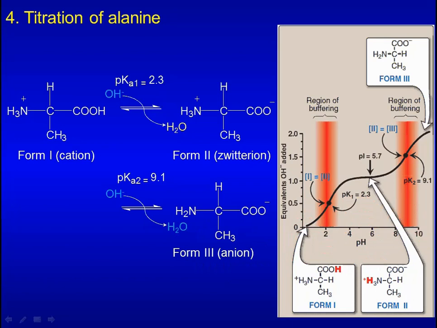Based on Henderson-Hasselbalch equation, we can easily determine which form of alanine dominates in each region. In region 1, pH below pKa1, form 1 dominates. Region 2, form 2 dominates. In region 3, pH above pKa2, form 3 dominates.